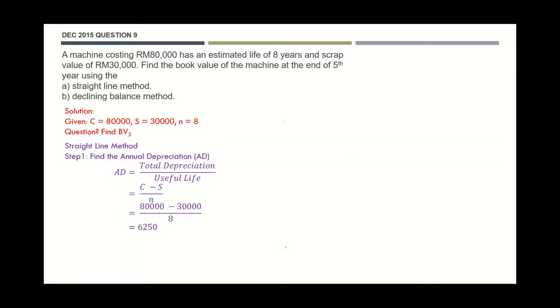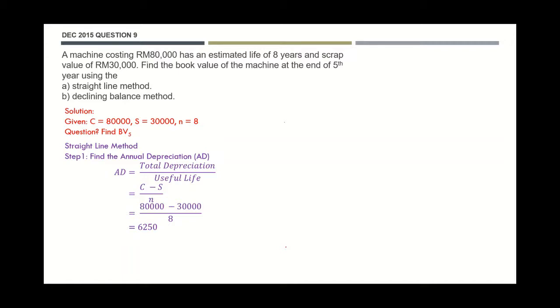And bear in mind that in the straight line method, the annual depreciation is a constant value, meaning that for the first year it will depreciate 6,250 ringgit. The second year also will depreciate by the same amount, 6,250 ringgit, until the final year of 8 years.